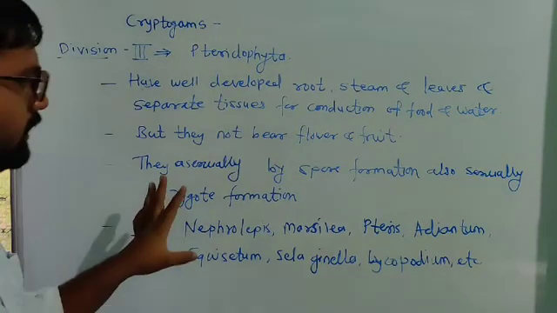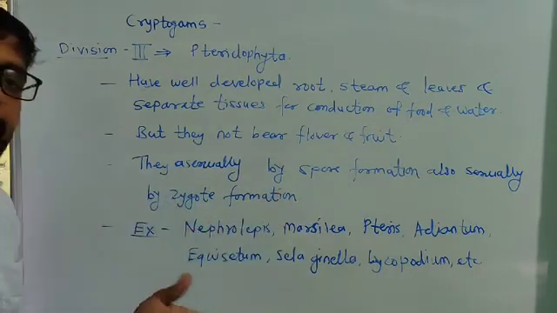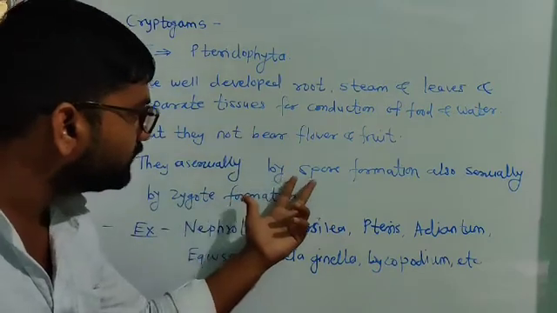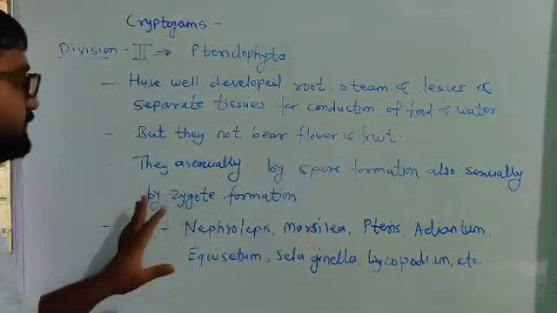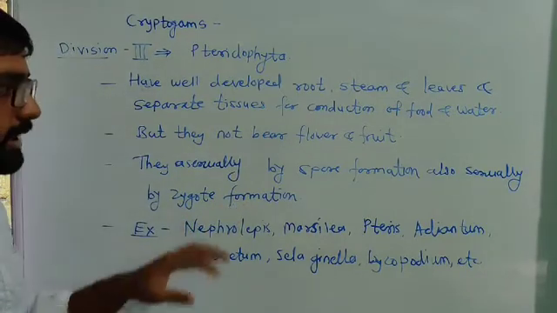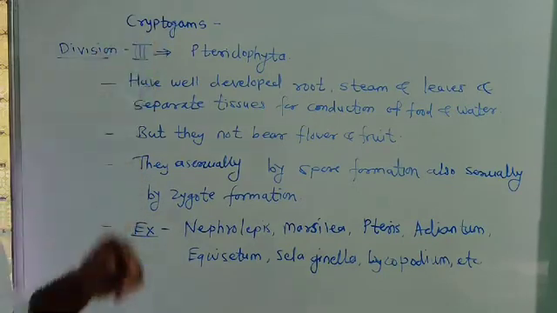So their reproduction takes place sexually or asexually, by both ways. These two modes of reproduction are also present in cryptogams.